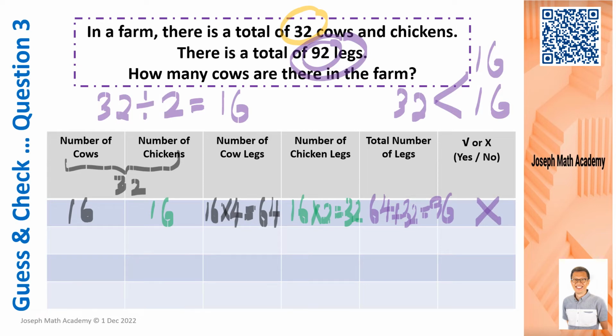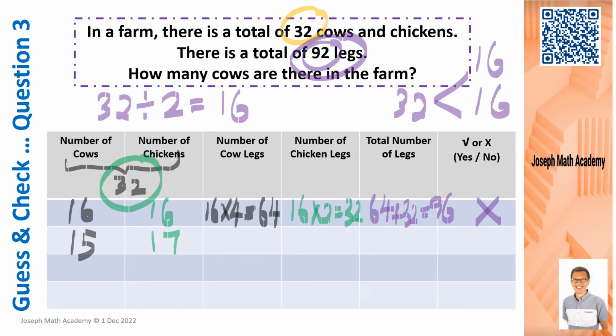So what we do is, the total number of cows must be reduced. Chicken has to increase. Remember, if we reduce the total number of cows by 1, then the number of chickens, the other quantity, must increase by 1, so that we always fulfill the condition 32. Right? The given criteria.